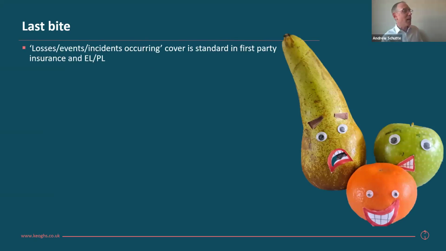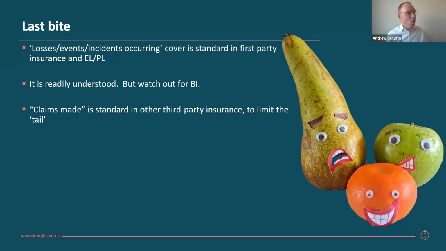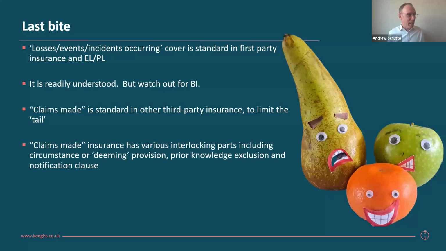What I want to say in summary is losses occurring or occurrence-based cover is still standard in first-party business, and you see it in EL and PL. It has the big merit of being readily understood, but watch out for business interruption. When you've got third-party insurance, you're probably looking at claims made. That is now market standard, and that's to limit the tail.